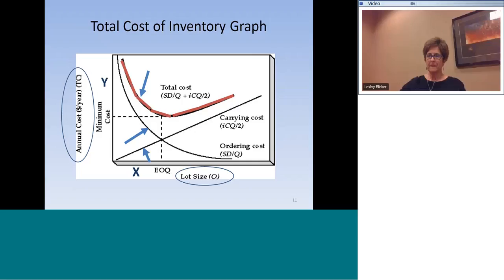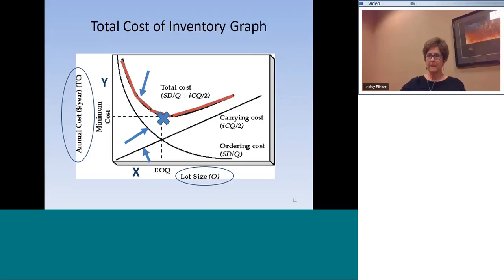Right in the middle of the curved line, at the very lowest point, where I just put the X, notice that if you look at the dotted line down to the x-axis, the point on the x-axis, or the Q point, happens to be the same exact amount as where the other two lines intersect, the carrying cost and the ordering cost. This order amount represents the determined Q or economic order quantity, and that's why when we used an order size of 60 in our earlier example, both the ordering costs and the holding costs were exactly the same.